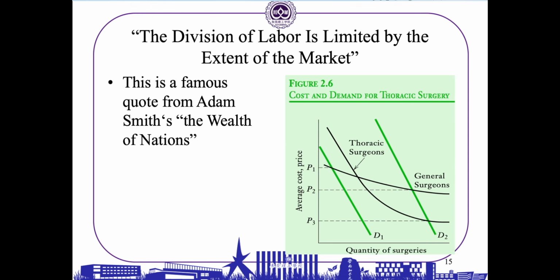This investment is a fixed cost for surgeons, which is independent of the quantity of surgeries. So, a steeper average cost of thoracic surgeons is like the fully automated plant in the case of aluminum can production. Similarly, specialized surgeons will be needed if there is a large market.